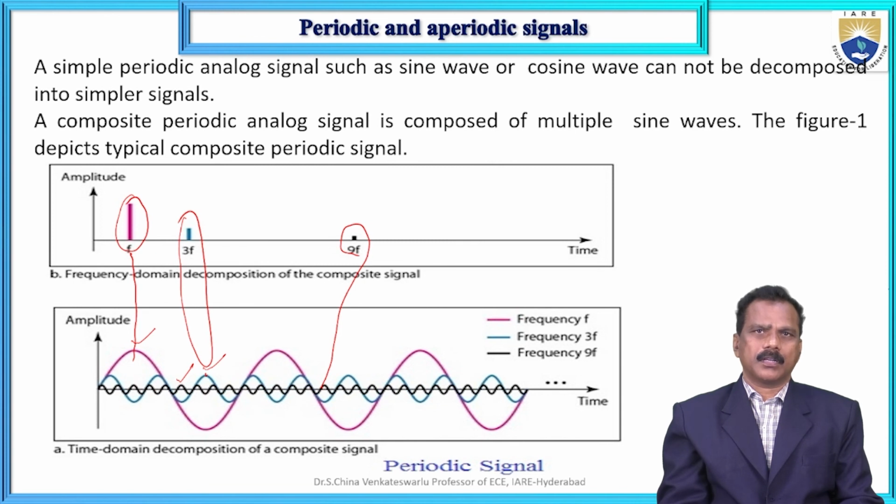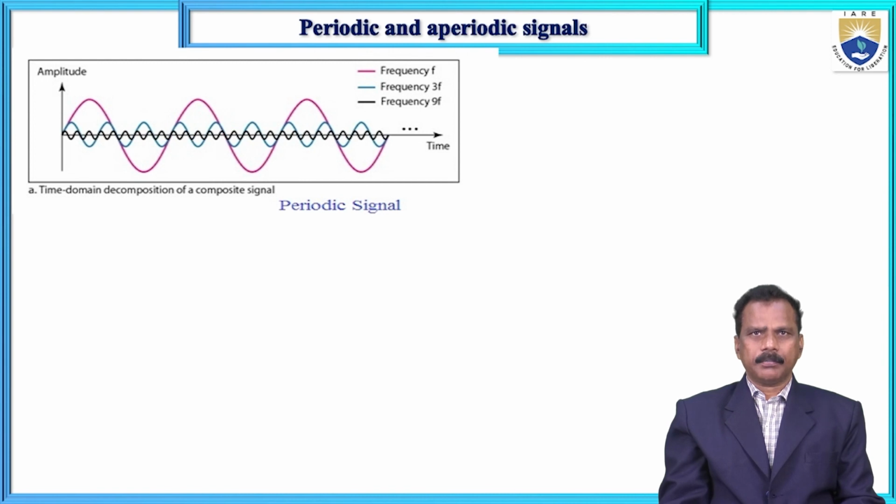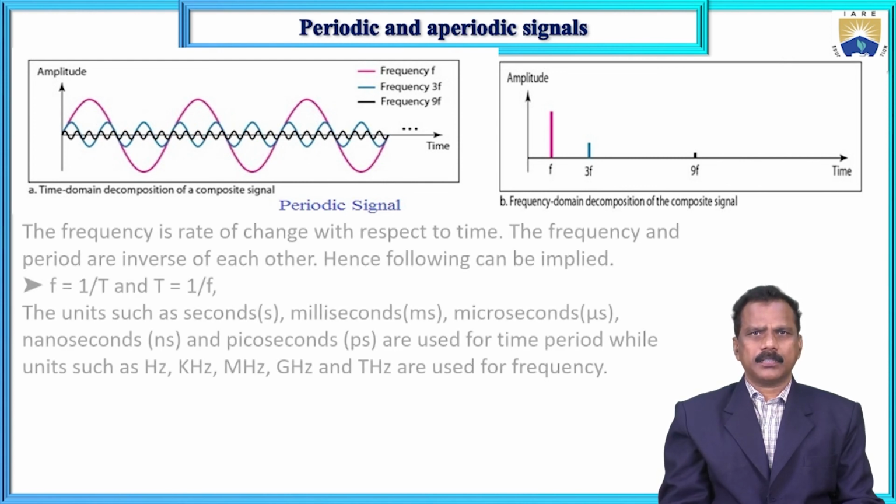You can observe the frequency domain decomposition of the composite signal as well as the time domain decomposition of the composite signal. Here, consider the same periodic signal, with the frequency domain decomposition of the composite signal in reference to this.